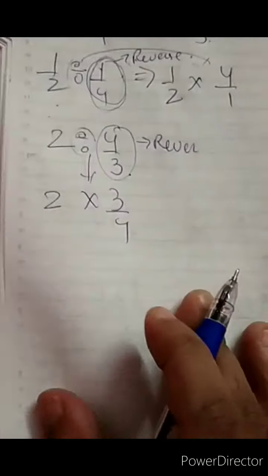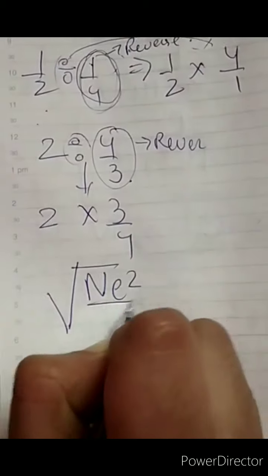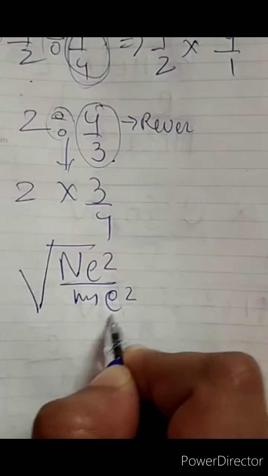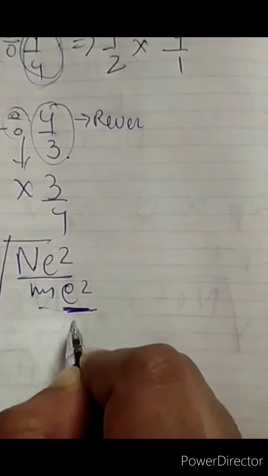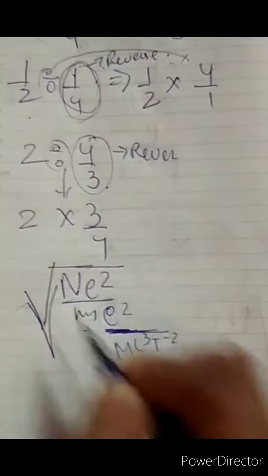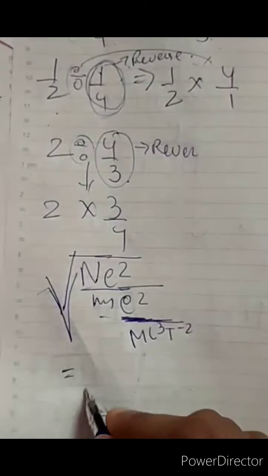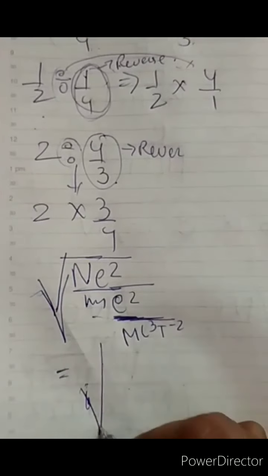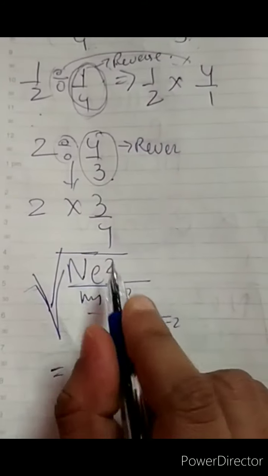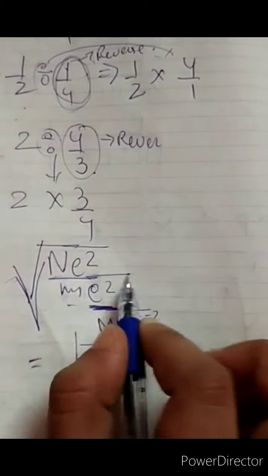Okay, fine. So here we have n e square. In this question we have n e square upon m e square upon m l cube t minus 2. We have this expression. How to take it in numerator? It will be the same maths rule. Look, we have n e square upon m, and this is our divide sign.